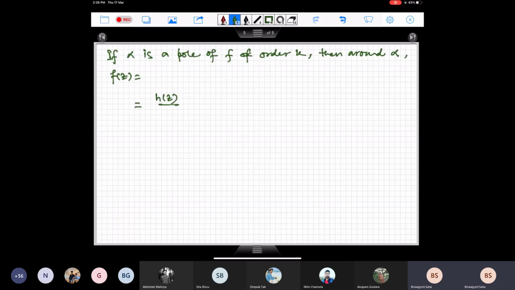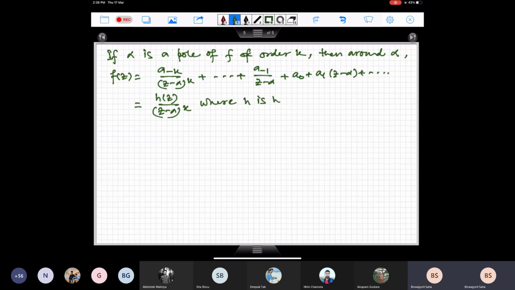I have used z minus alpha power k because the Laurent expansion will start from a_{-k}, (z minus alpha) power k, and so forth, up to a_{-1} divided by z minus alpha, plus a_0 plus a_1 (z minus alpha) plus dot dot dot. So you take out z minus alpha power k and you get a power series where h is holomorphic around alpha.